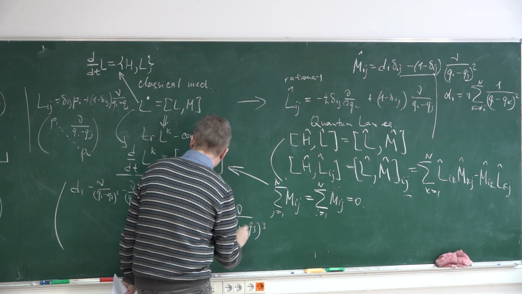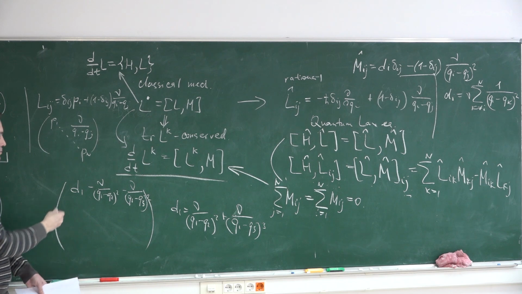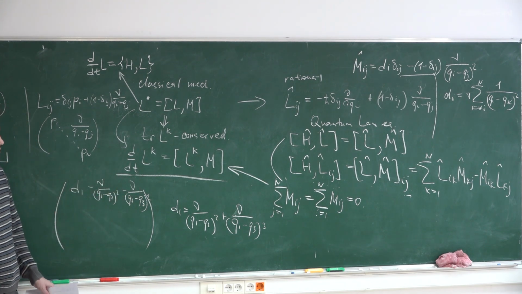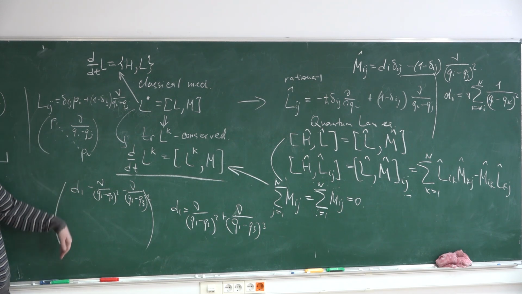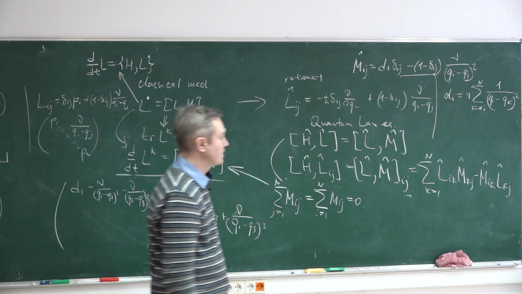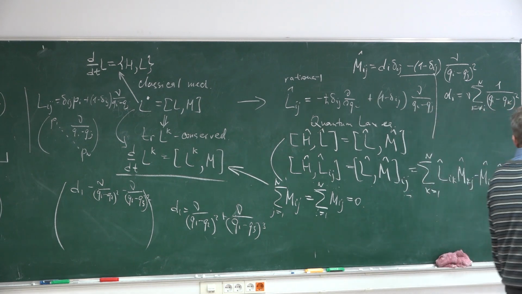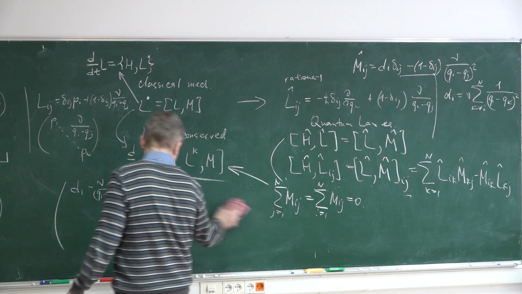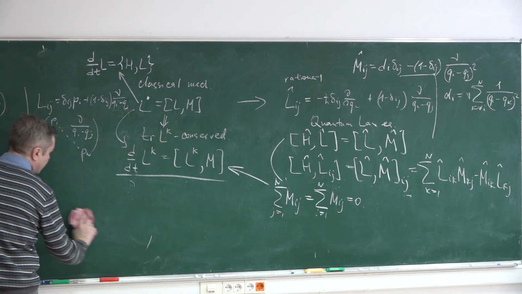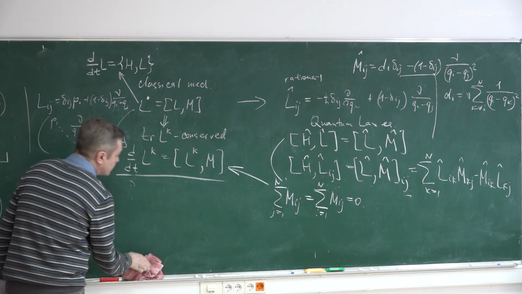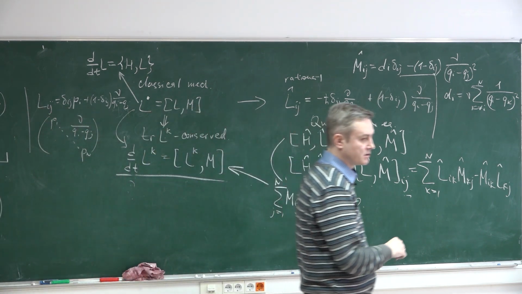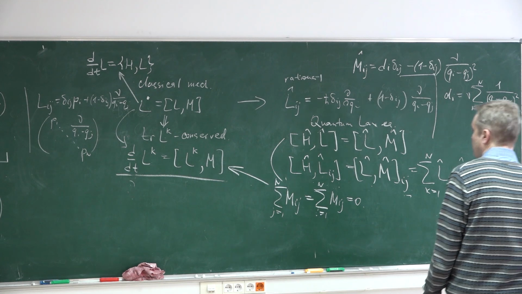So, as you can easily see, the sum of all elements along the row is equal to 0, and the same happens along any column. And then, if we have this property, you can just make some correction in the classical recipe.